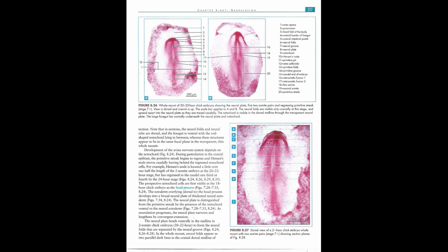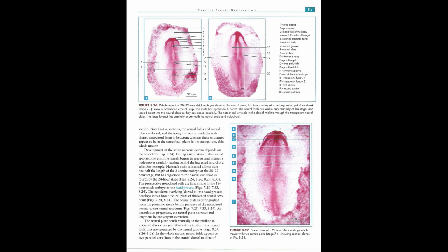Development of the avian nervous system depends on the notochord, Fig 8.24. During gastrulation in the cranial epiblast, the primitive streak begins to regress and Hensen's node moves caudally, leaving behind the ingressed notochord cells. For example, Hensen's node is located a little over 1/2 the length of the 2-somite embryo at the 20-22-hour stage.